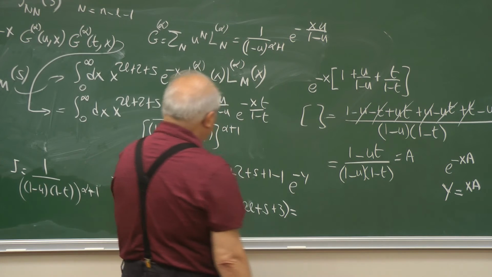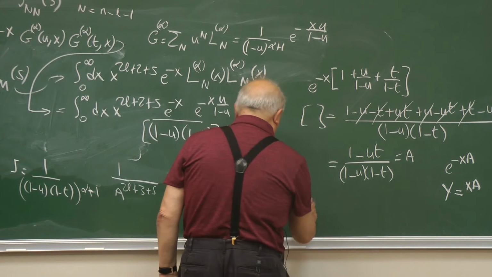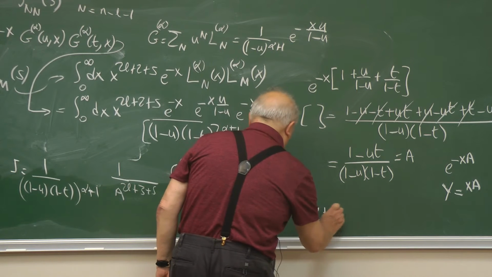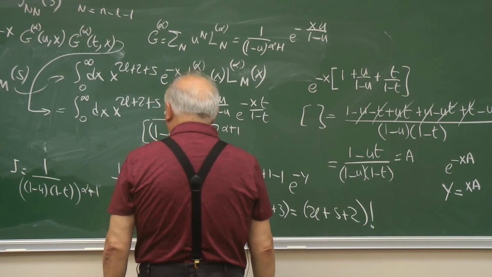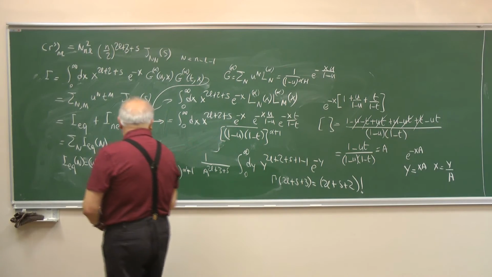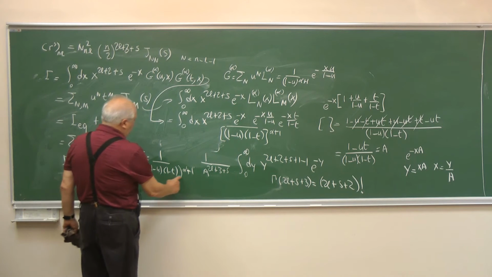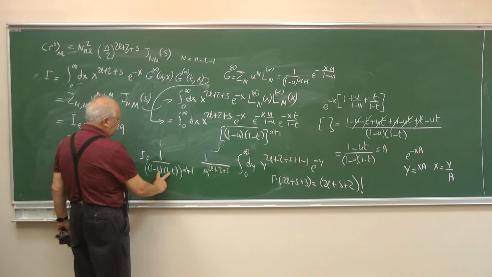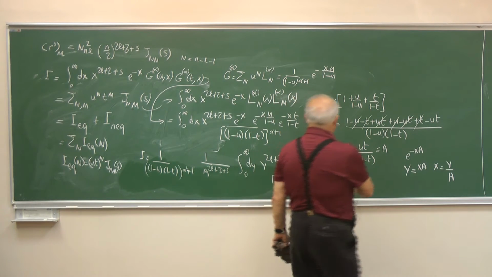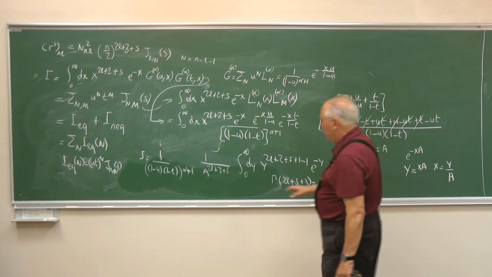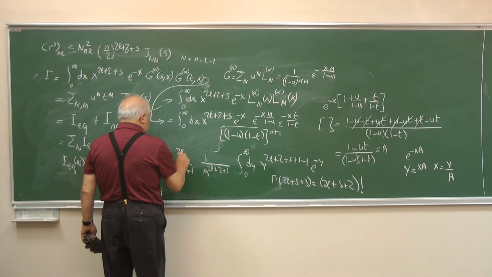But because l is an integer, s is an integer, this is 2l plus s plus 2 factorial. A contains a power of 1 minus u, 1 minus t, as this alpha plus 1 power is 2l plus 2.